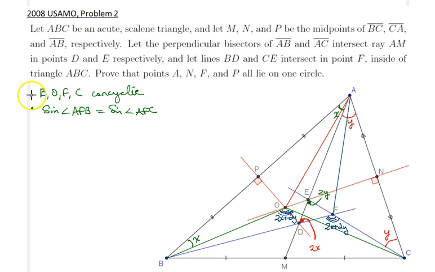So we just established that B, O, F, and C are concyclic points, because angle BOC is equal to angle BFC, which is 2 times x plus 2 times y, or 2 times angle BAC.